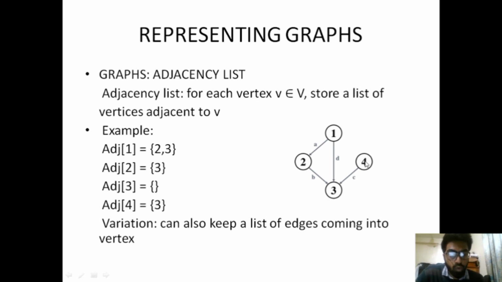In vertex 4 we can see that there is an edge between 4 to 3, so 3 is an outgoing edge of 4, so we can see 3 there, because 3 is an outgoing edge of 4. So that's how we can represent a graph by a list, which is known as adjacency list.